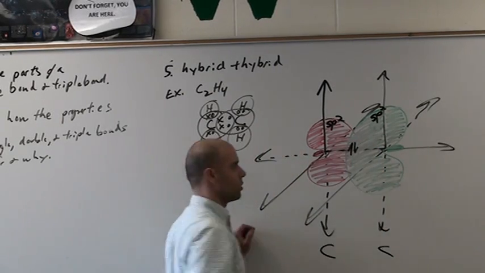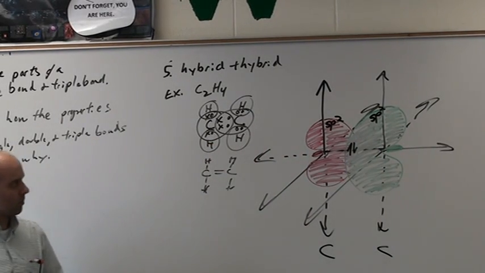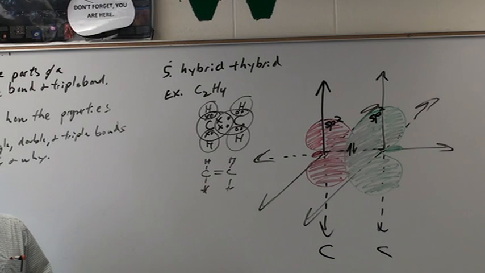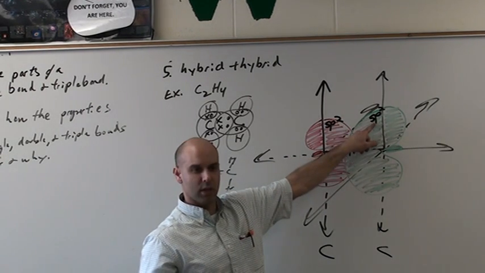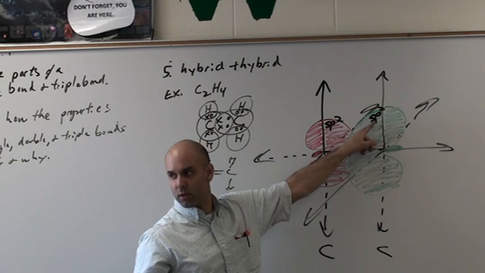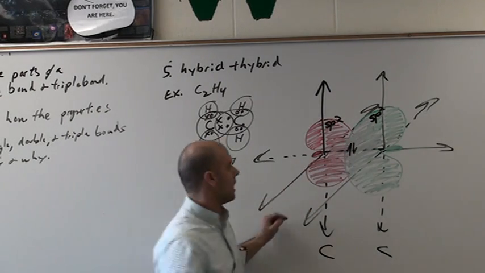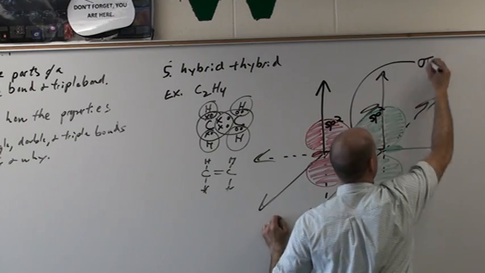And they share 2 electrons. So you have 2 sp2 orbitals overlapping. There's an sp2, there's an sp2. 2 hybrids overlapping. That overlap is a sigma bond.